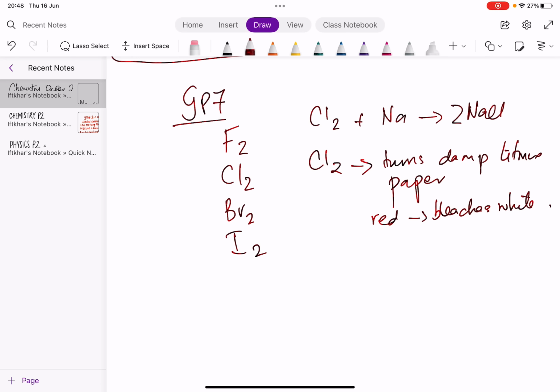Another important reaction is hydrogen reacts with a halogen. When hydrogen reacts with chlorine, it forms actually a gas, but when you add it to water, it dissolves to form acidic solutions, so hydrochloric acid, and so on.